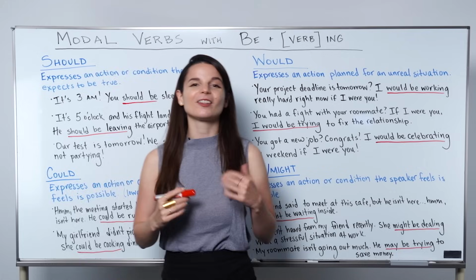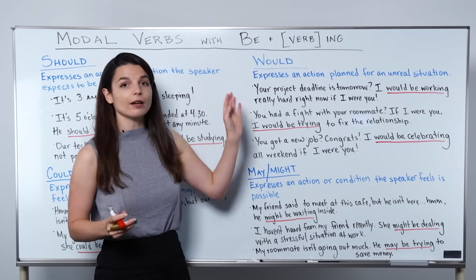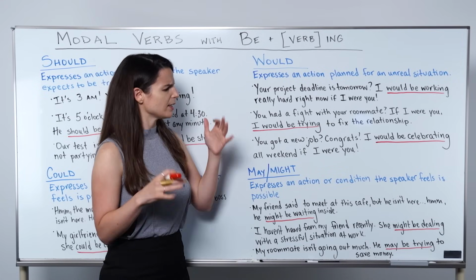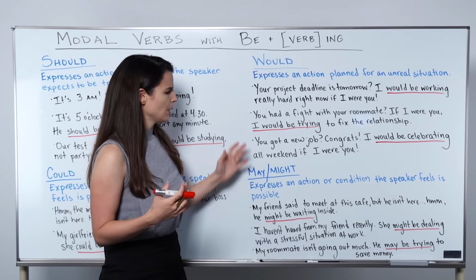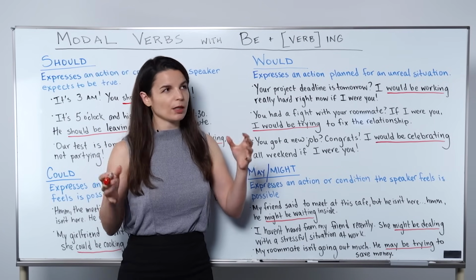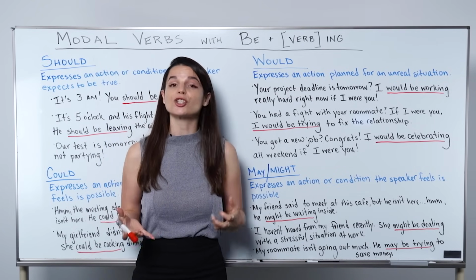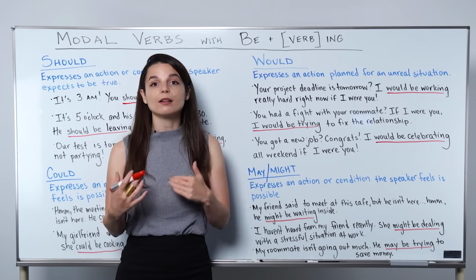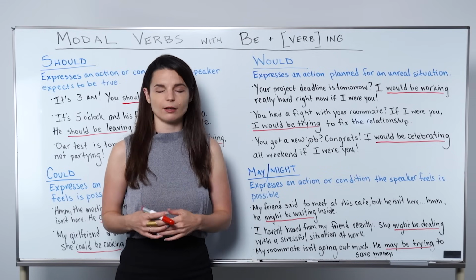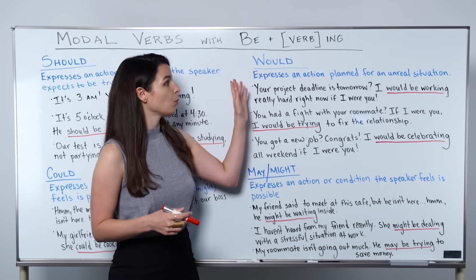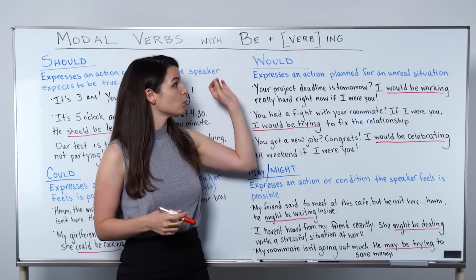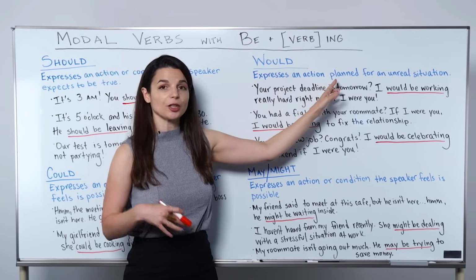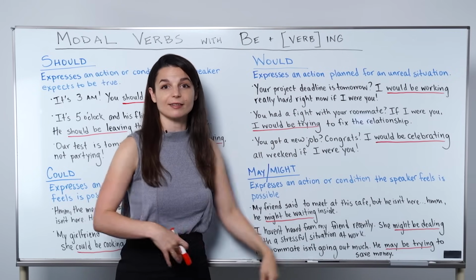Okay, let's go to the other side of the board. Let's talk about would. So, would is a little bit different from the other ones here because we use it in typically one kind of pattern, a conditional pattern. We do this because we use would when we talk about unreal situations. So, would in this grammar pattern, would plus be plus verb -ing, expresses an action planned for an unreal situation.